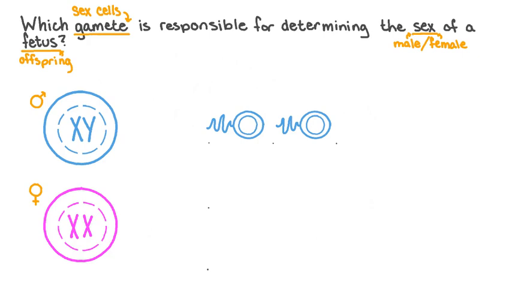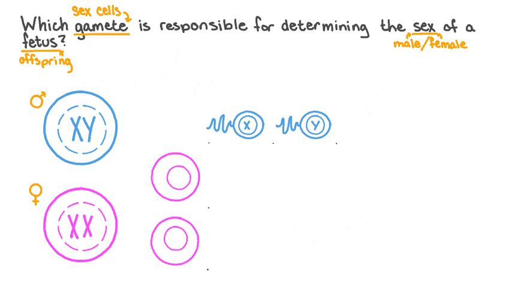That means that if each parent can only pass on 1 of each pair of chromosomes to their offspring, and a male somatic cell possesses the sex chromosomes X and Y, then each of their sperm cells can possess either an X or a Y sex chromosome.